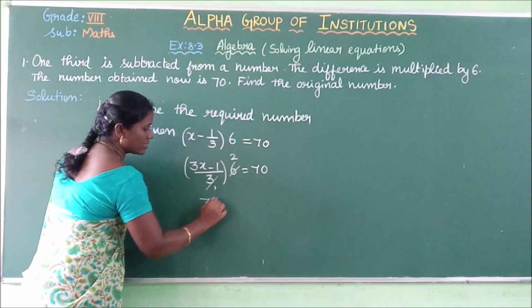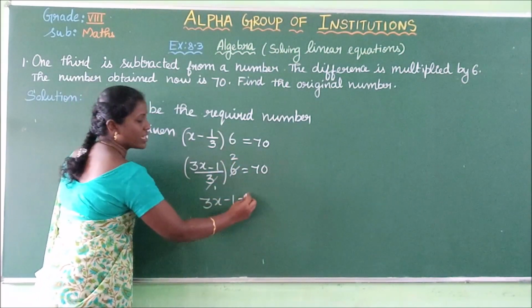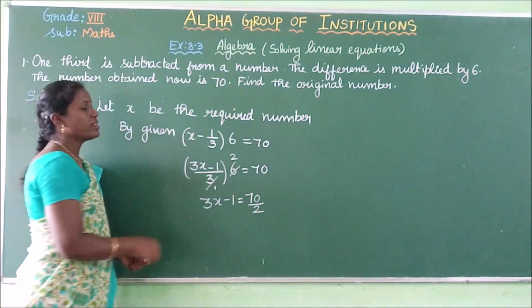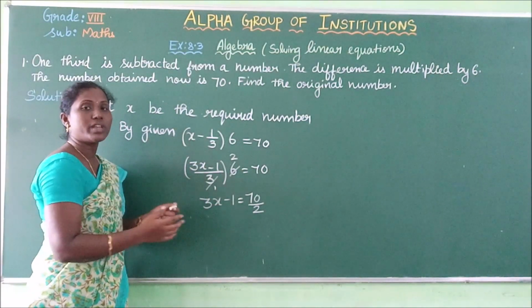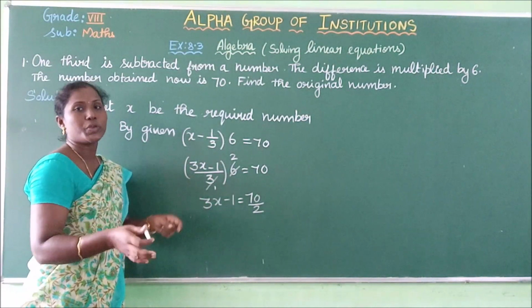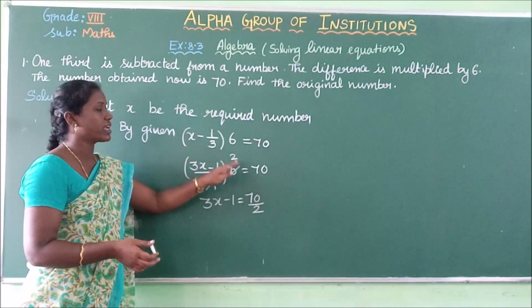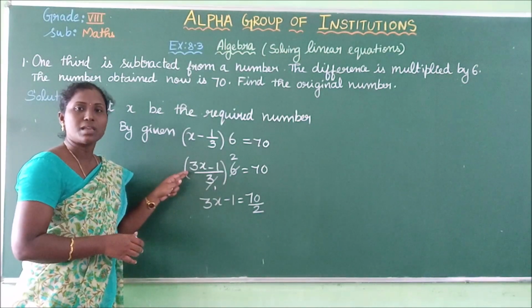So the remaining is (3x minus 1) times 2. The 2 is in multiplication; if I take it to the other side, it comes under division, so 70 by 2. Or you can multiply 2 inside the bracket, then also you can solve. Solving in a different way is up to you. However, in the end you will get the same answer.